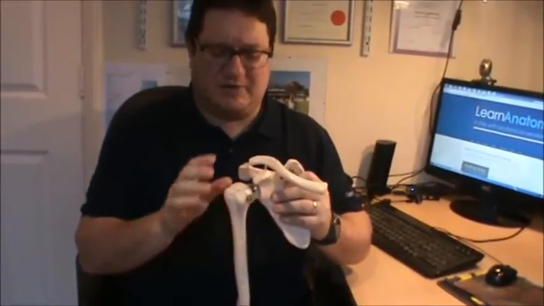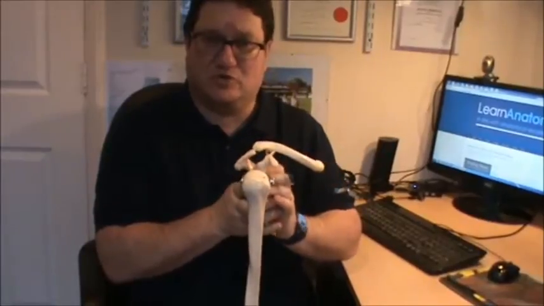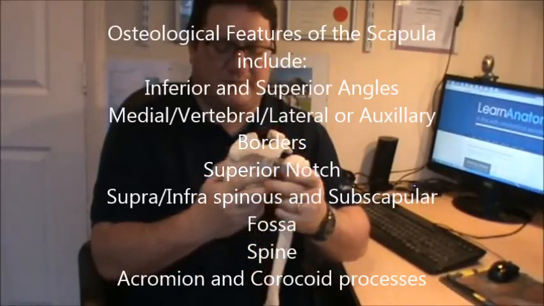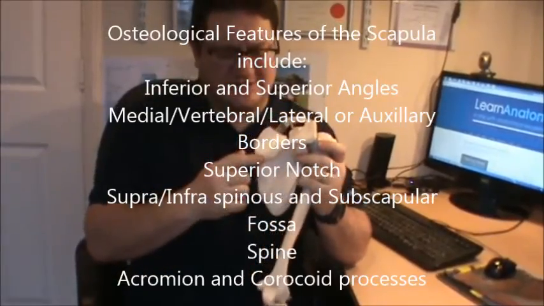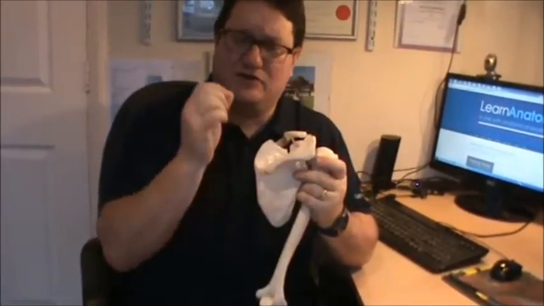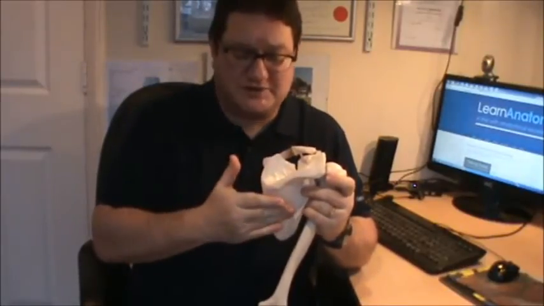So let's go again now and focus on the main bony features of the shoulder blade, or scapula. If we look at this from a posterior angle, we notice that the scapula has a spine, and that is very useful in aiding your learning, because that spine separates the scapula into a top and a bottom.